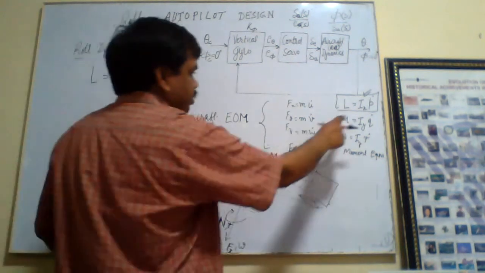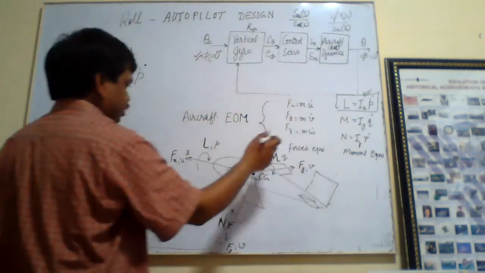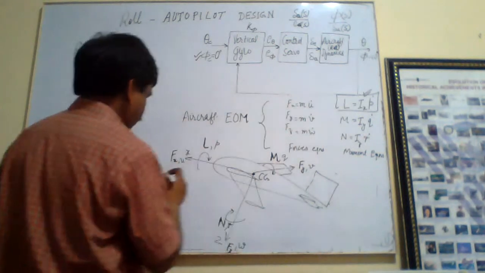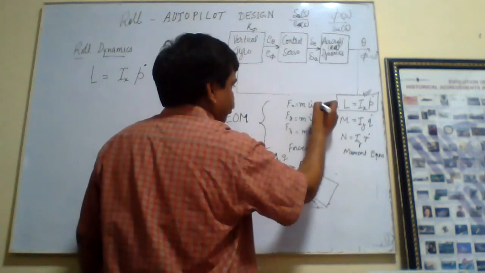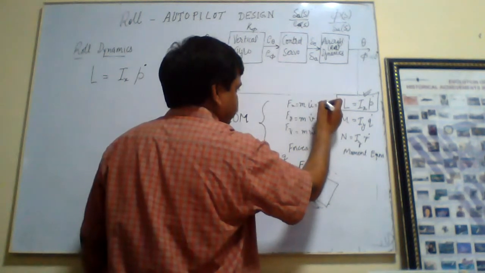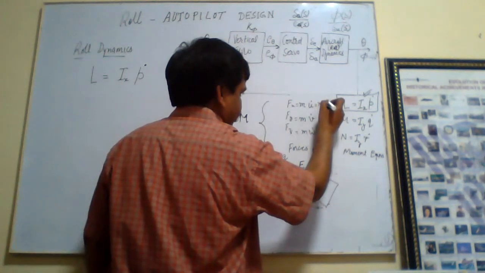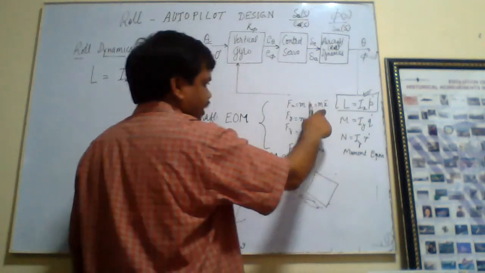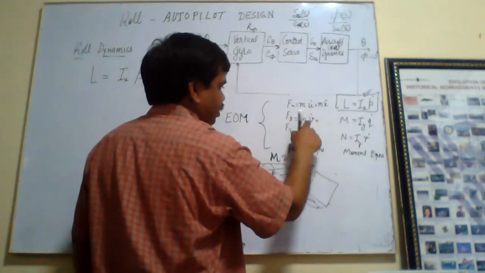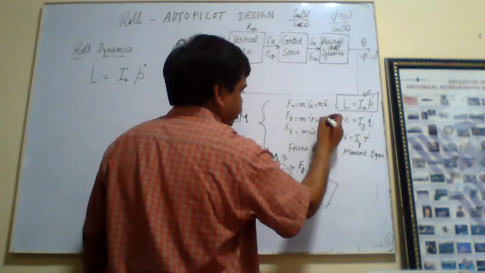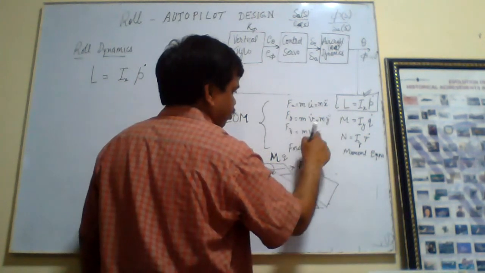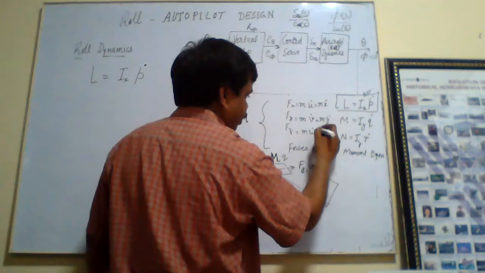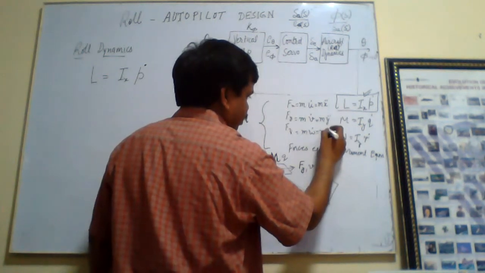Now, we can further write mass times the double derivative with respect to time of x. For this we can write mass times the double derivative of y. For this we can write mass times the double derivative of z.